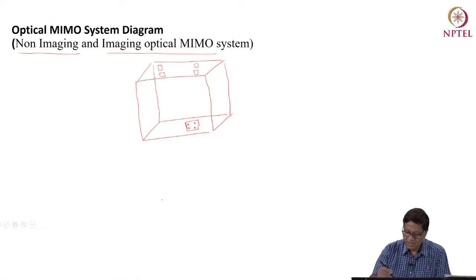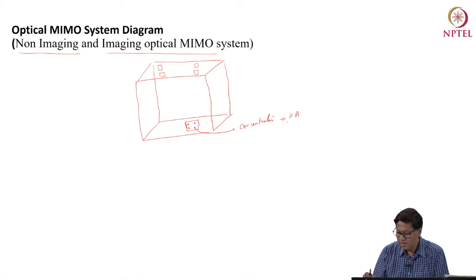Each is independent. It has its own concentrator and its own preamplifier. So the light will fall onto these receivers. So this is a case of a non-imaging optical MIMO system.